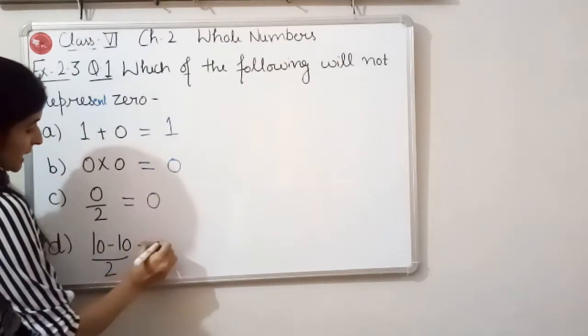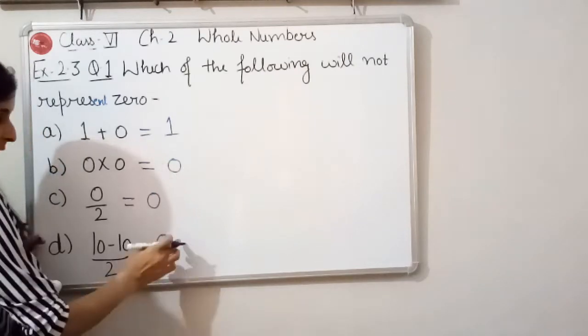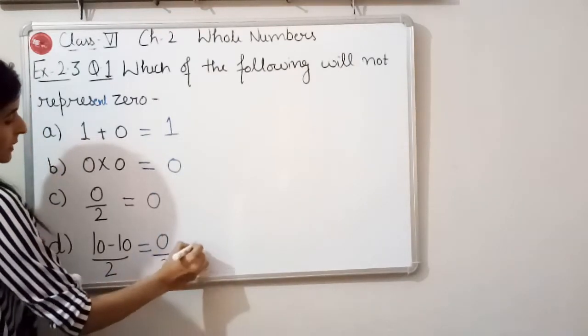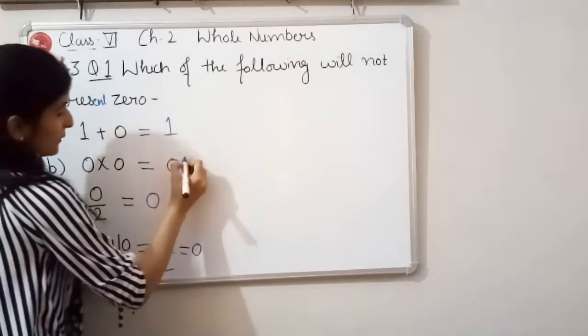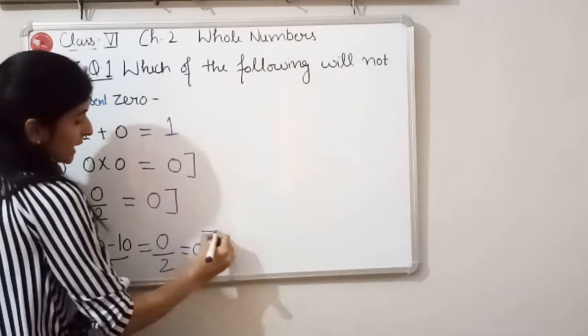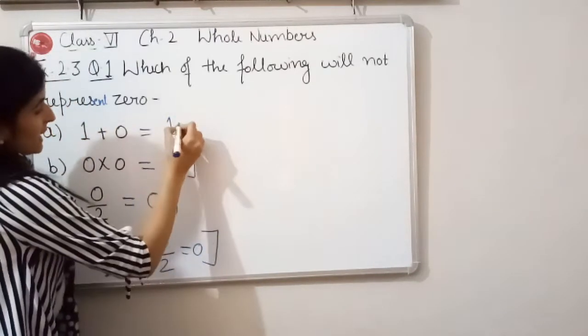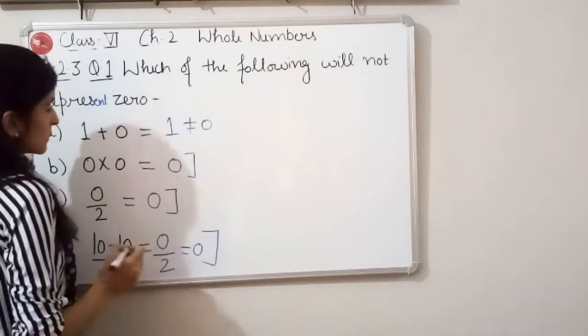Now 10 minus 10 is 0, divided by 2. So again 0 divided by 2 is 0. So children, as you all can see, here we have got 0, here also we have got 0, here also we have got 0. But in this case, we have not got 0, this is not equal to 0.